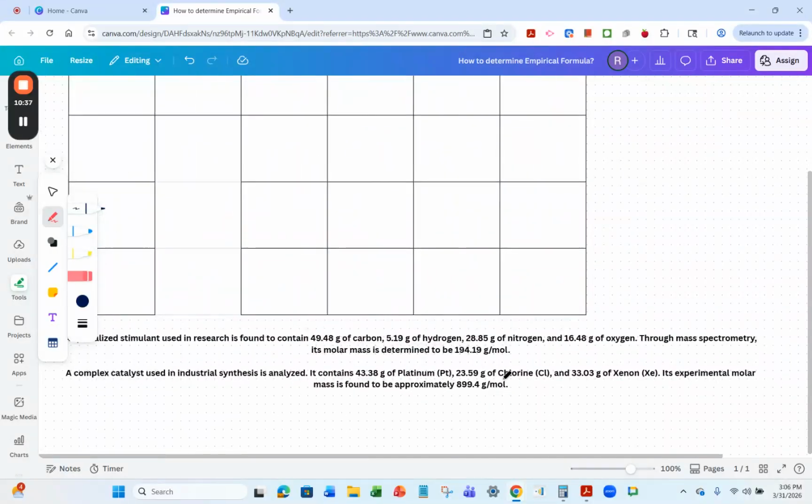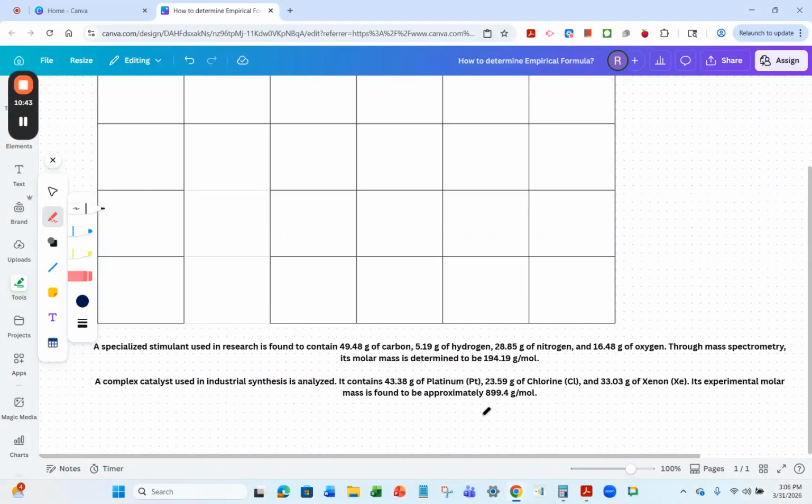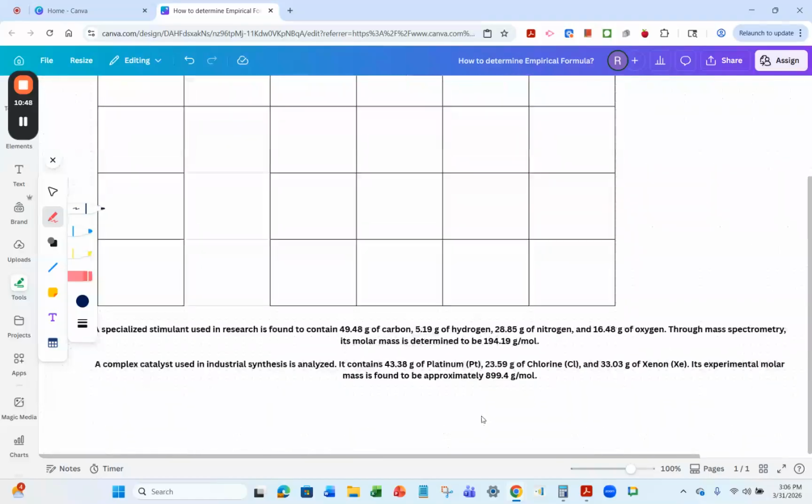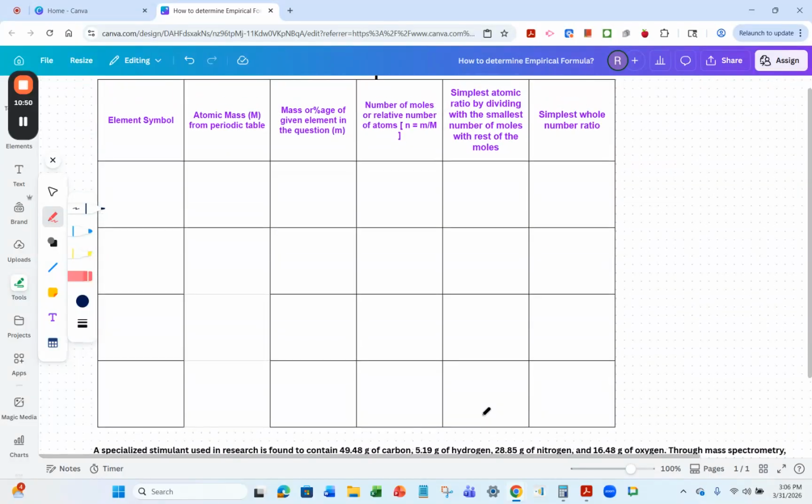So it looks like in this question we have three different elements. Their mass is given to you in grams, molar mass is given to you. So it means we have to find their molecular formula. Same thing, we will write down their symbols in the first column. So it's platinum, then you have chlorine, then we have xenon.